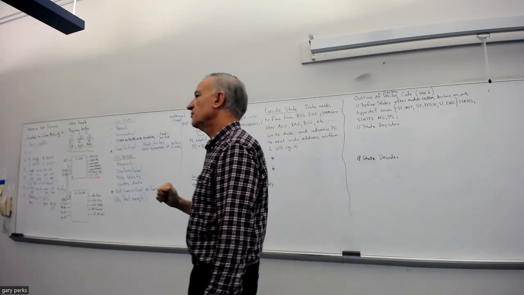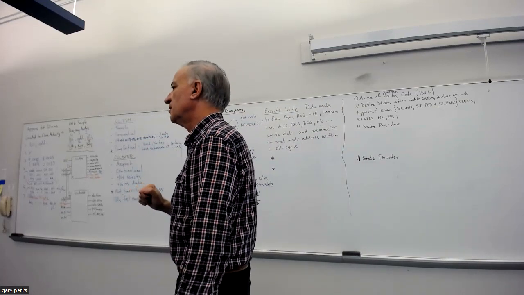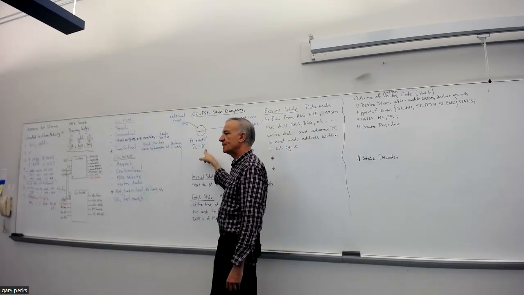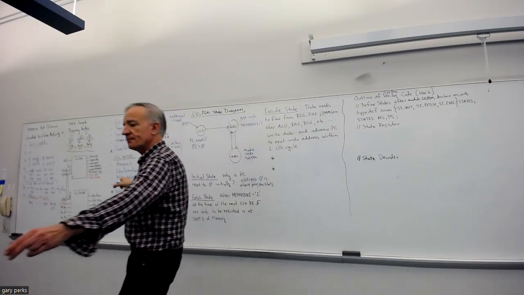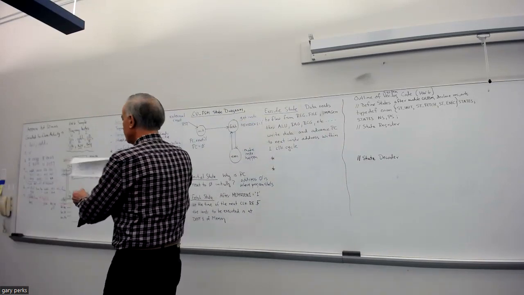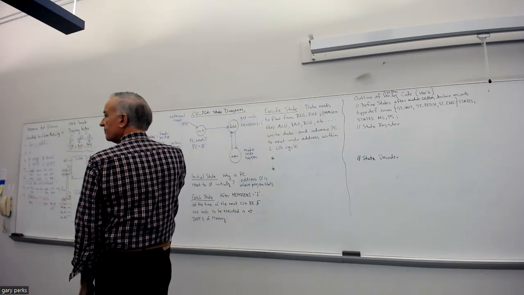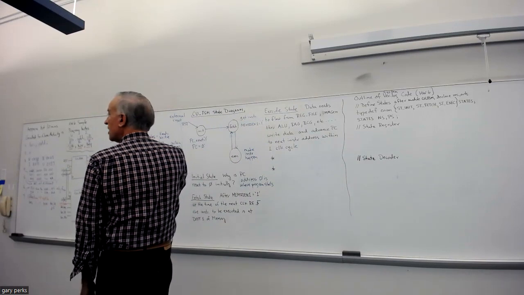When we say PC is reset to 0, are we saying that the actual program counter is equal to 0, or are we saying that there's a variable inside of the FSM that's set to 0?